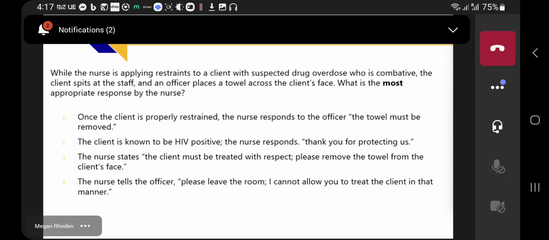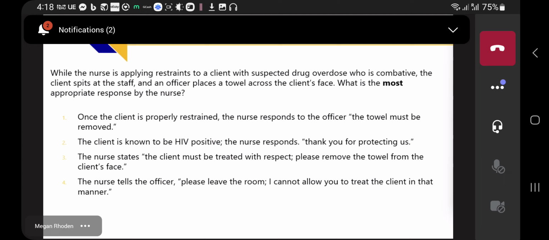Alrighty. So question number 2 says, while the nurse is applying restraints to a client with suspected drug overdose who is combative, the client spits at the staff and the officer places a towel across the client's face. What is the most appropriate response by the nurse? All right, number 1. Once the client is properly restrained, the nurse responds to the officer, the towel must be removed.